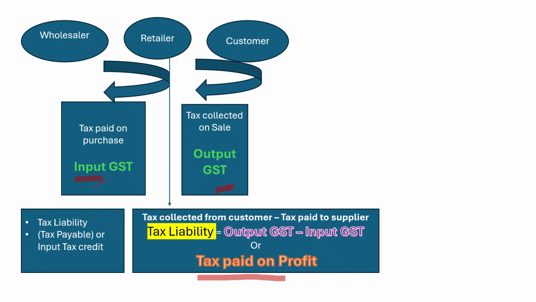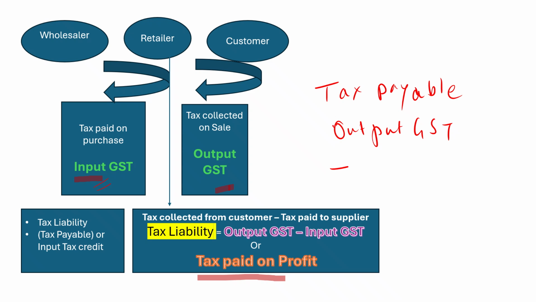Since he has already paid the input tax, you can say input tax credit also. So you got the concept of tax payable. How much does he have to pay? He has already paid during input when purchasing. So he just has to pay the government the output GST, whatever he has collected, minus input GST.